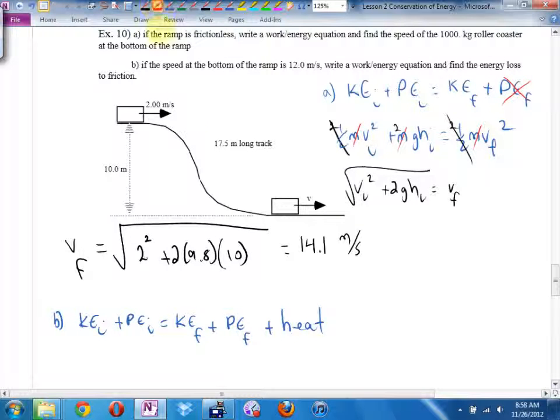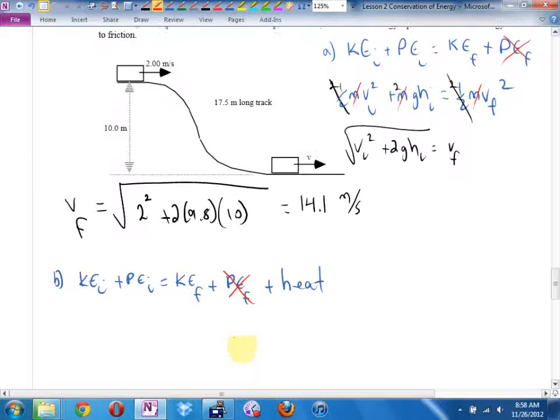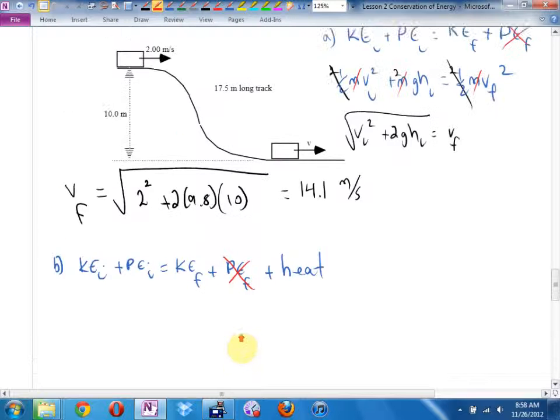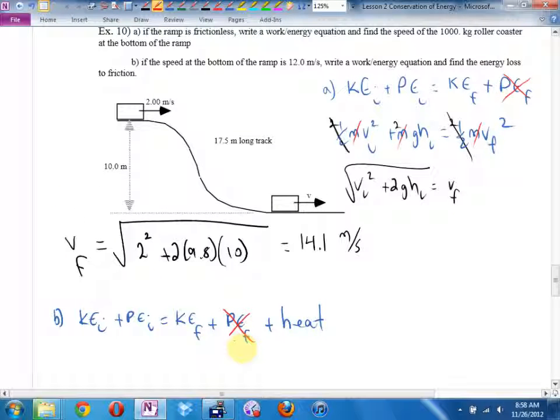I think once again I can cross that out. They're asking me to find the energy loss to friction. I think that's really the work done by heat. I think they want me to get this by itself. How would I get that by itself?